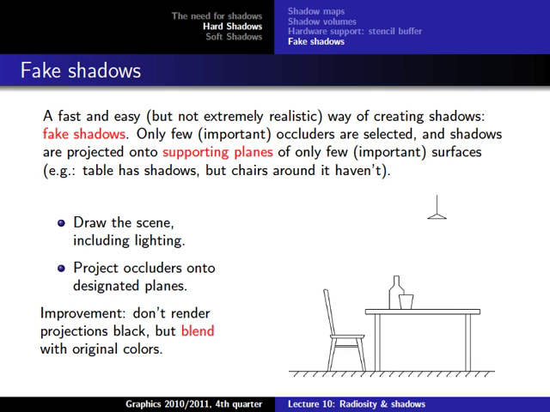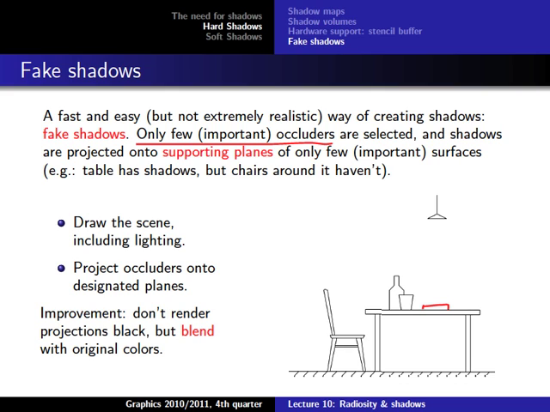So the first simplification is that we only consider a few important occluders. Now we have to decide ourselves what is important. For example, if we have this scene here with the light and the table and the glass and the bottle, if we had a book lying on the table, that book would also create a shadow.